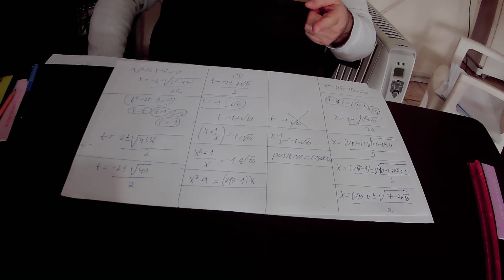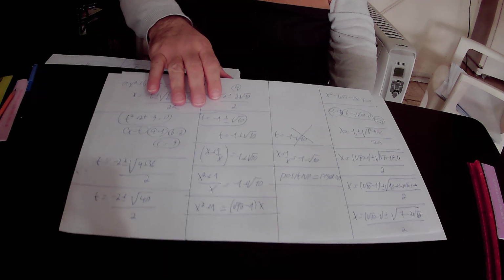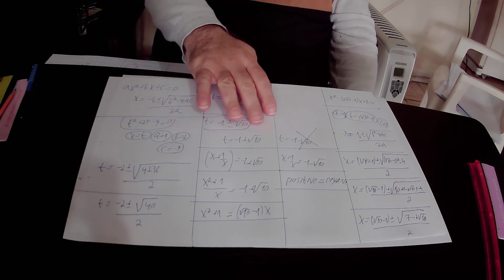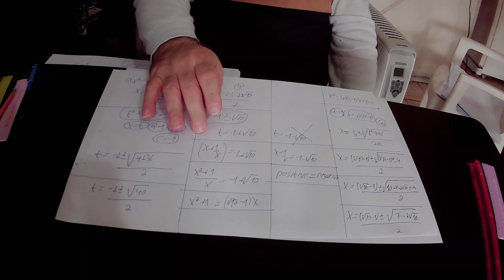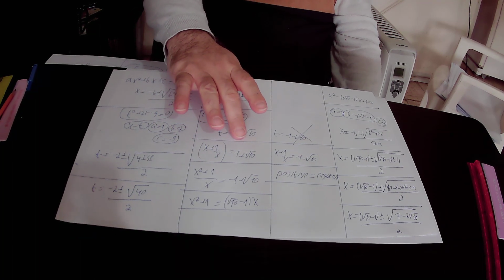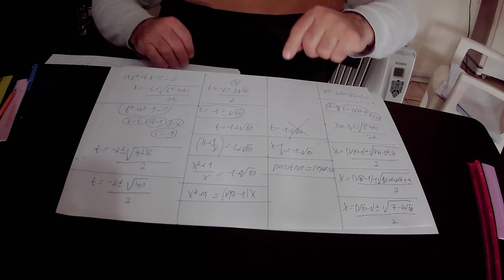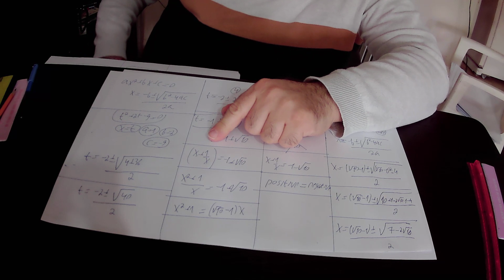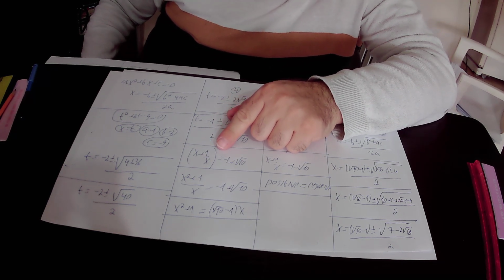We cancel this solution, and we are left only with the solution that t equals minus 1 plus square root of 10. T, according to our definition, is x plus 1 over x, and it equals minus 1 plus square root of 10. Here we multiplied x by x, and then we divided it by x in order to have a common factor with 1 over x.